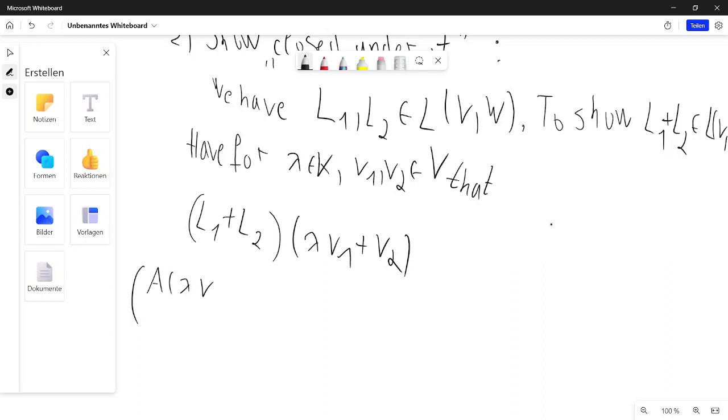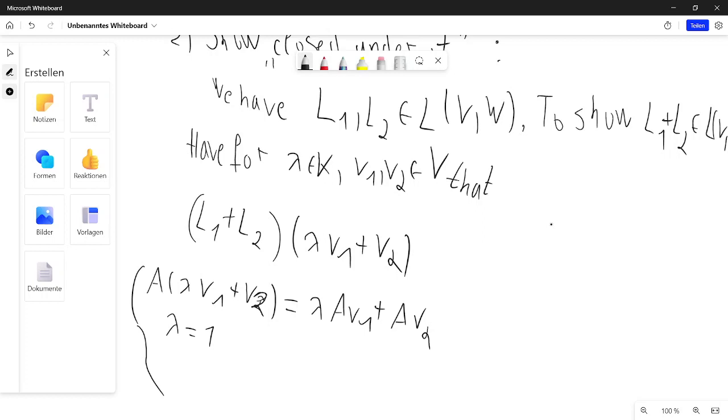You can just show, instead of showing separately A of the sum, so A is compatible with the sum, and then A is compatible with scalar multiplication, you can just show that this is A true, because if you have shown that, then you can just take lambda equal 1, because you would have shown that for any lambda, right?